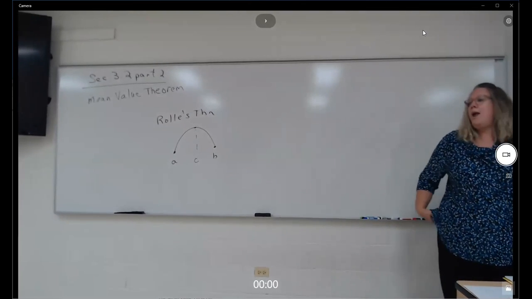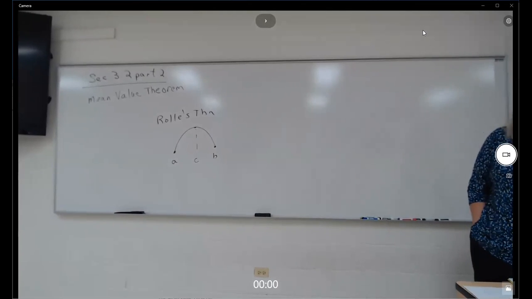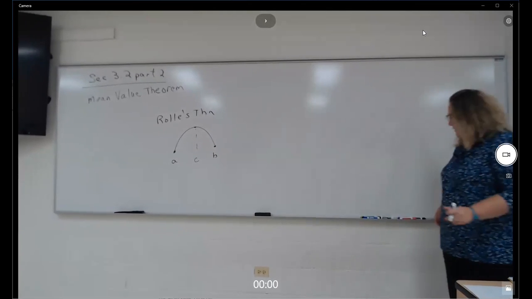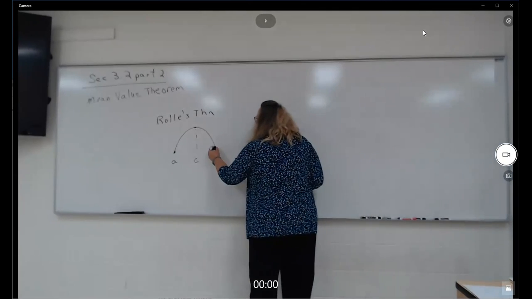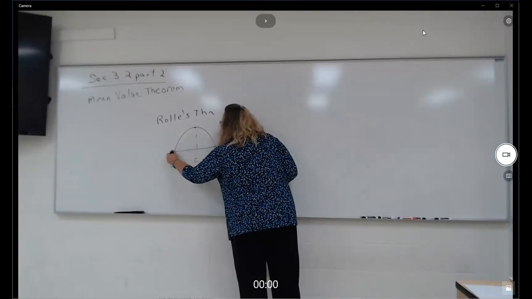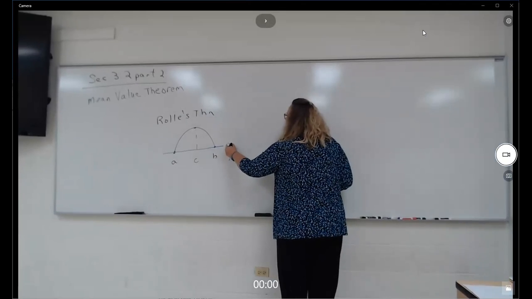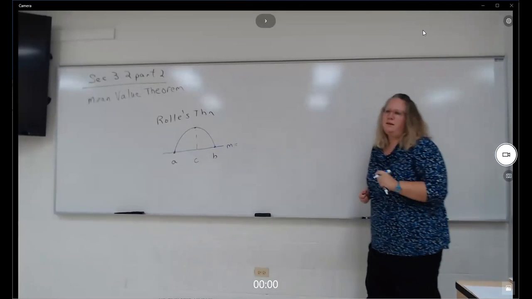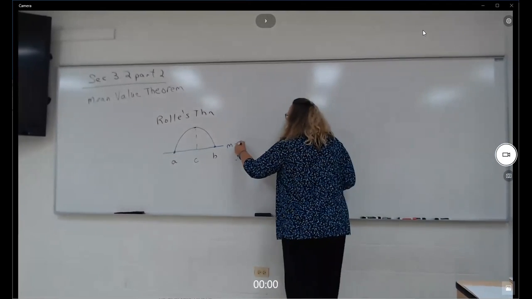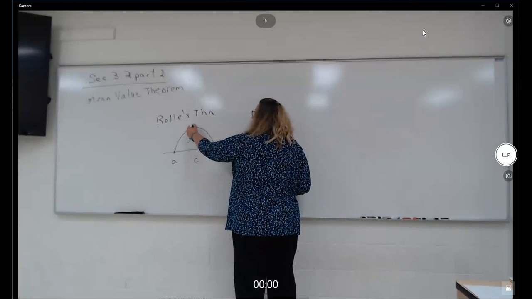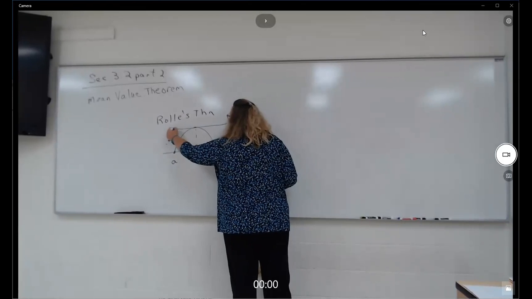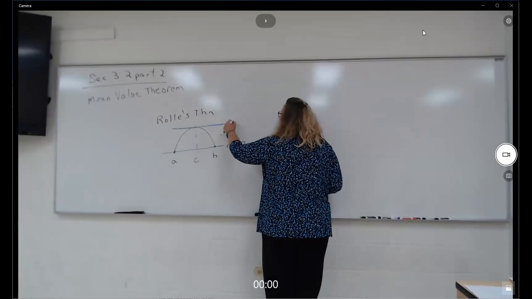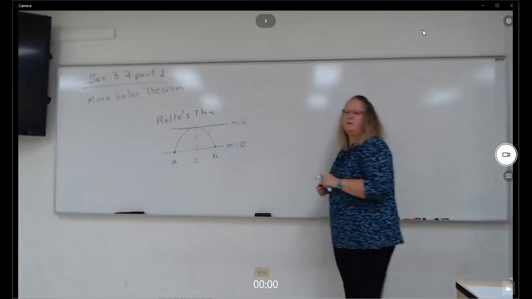Okay, or has a derivative of 0. But this is also kind of cool. If you look at it a little bit differently, if we draw a line through the endpoints, the slope is 0. What about this tangent line? We said this C would be a maximum or a minimum, or we already said would have a slope of 0.